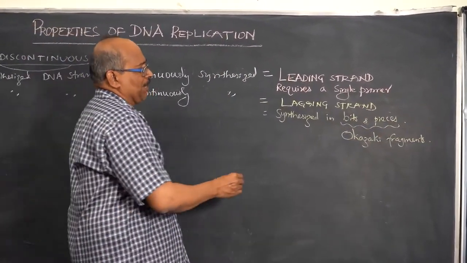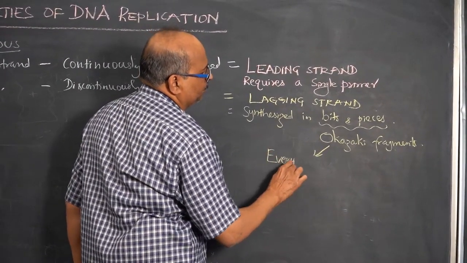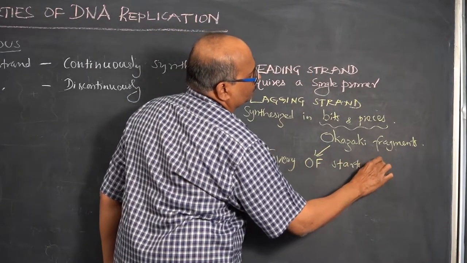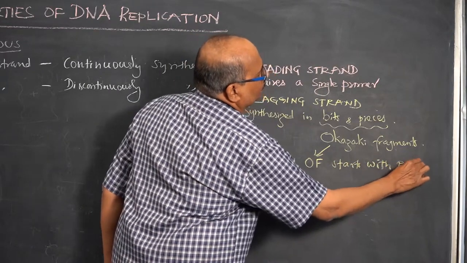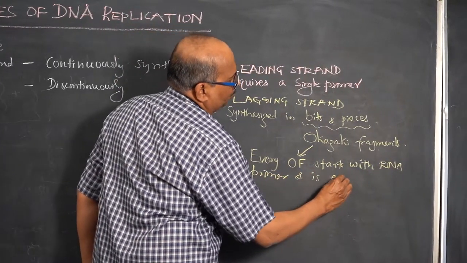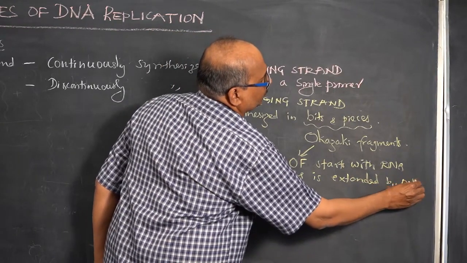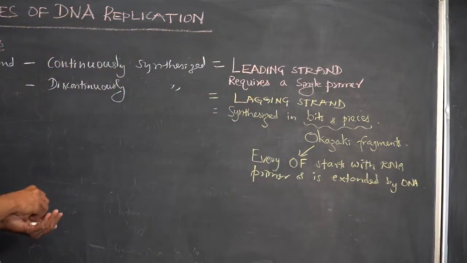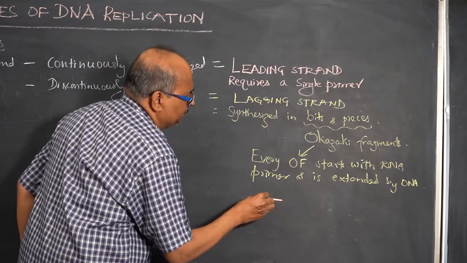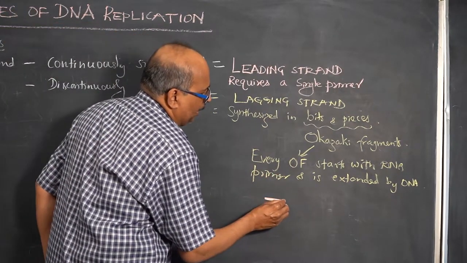Every Okazaki fragment starts with RNA primer and is extended by DNA. So if you just draw a diagram, let us say, the primer, that is RNA, and the primer is extended.